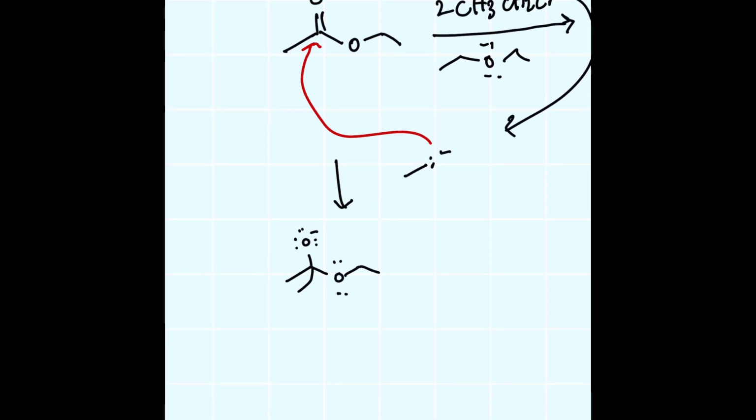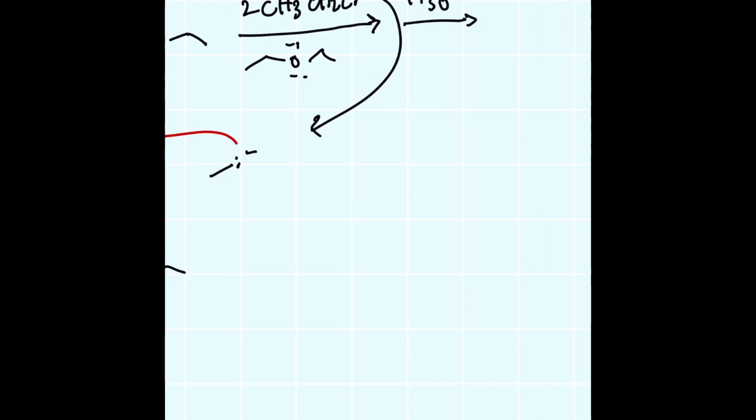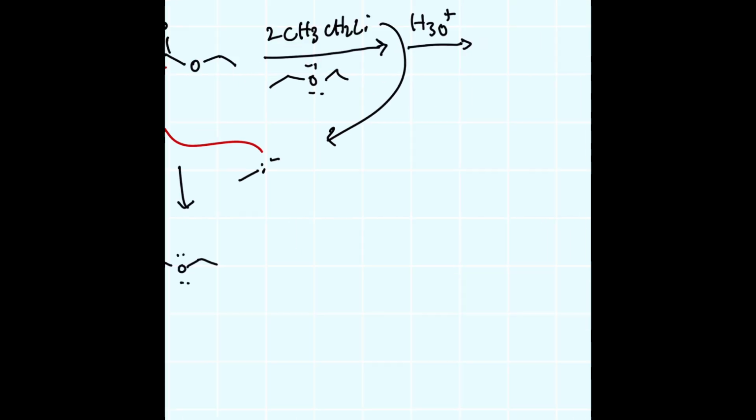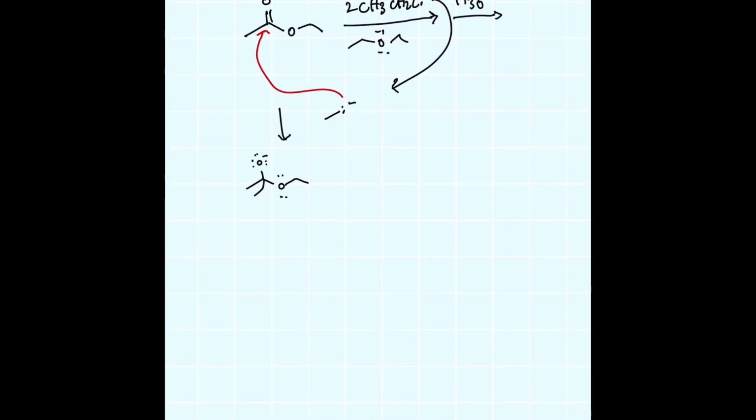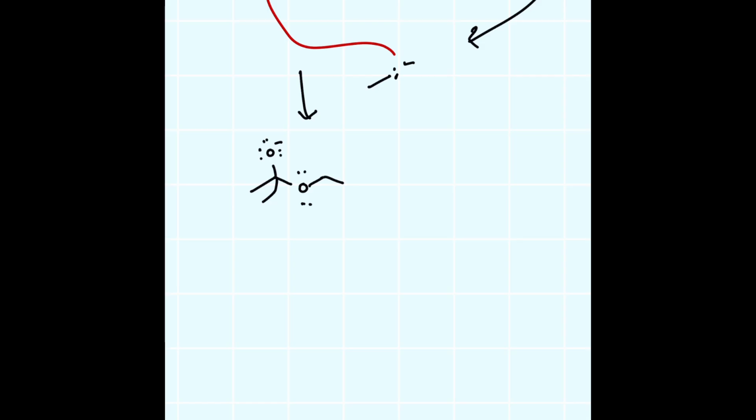So now you might be wondering, okay, I have a negative charge. I can easily react this with this acid right over here, get an alcohol. But usually when we do have an ester, what actually ends up happening is this lone pair moves down here to make a double bond, and this group right here would actually be a perfect leaving group. So what happens is this bond breaks right here, and the electrons move onto the oxygen.